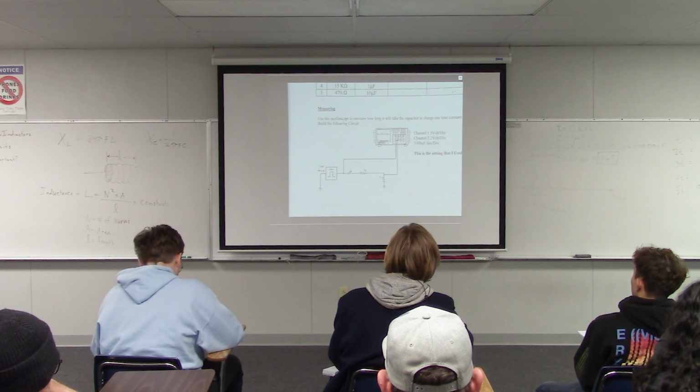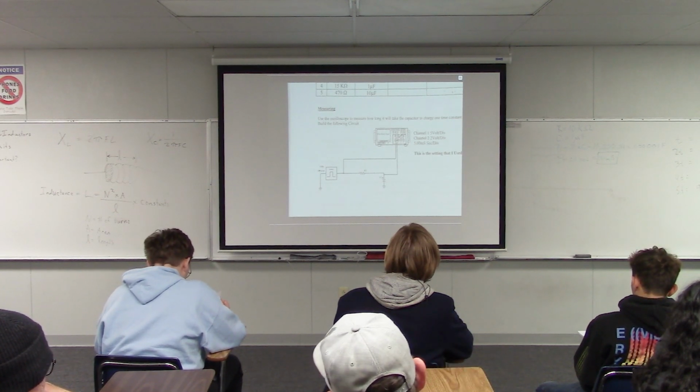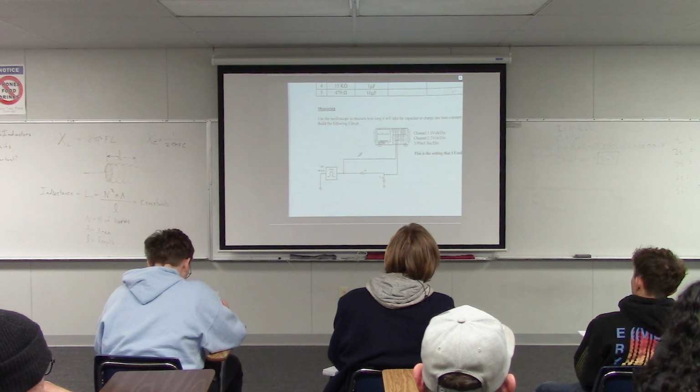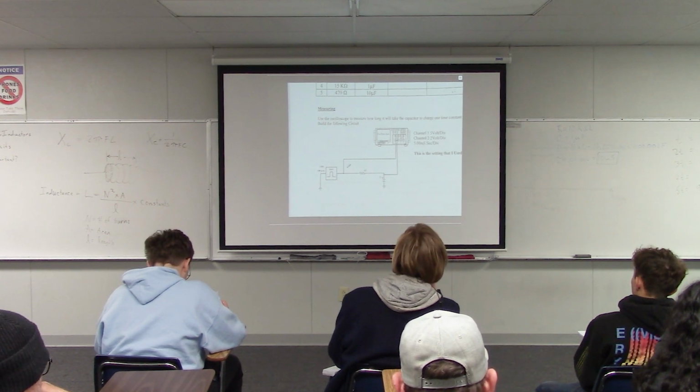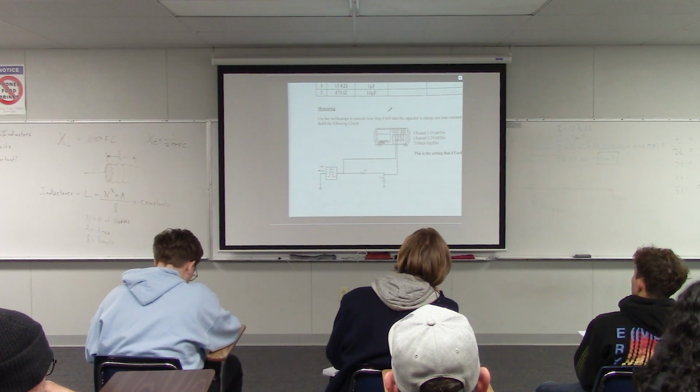The signal is going to be hooked there. We're going to have a resistor and a capacitor here, and then we're going to use our oscilloscope to measure this signal right here, which is the input that's coming from the function generator. We're also going to measure this signal right here, which is the capacitor voltage. Okay?